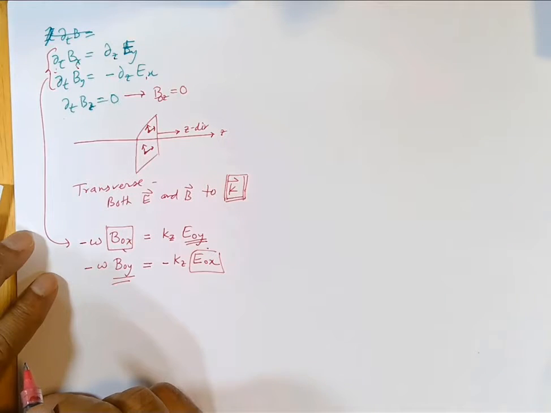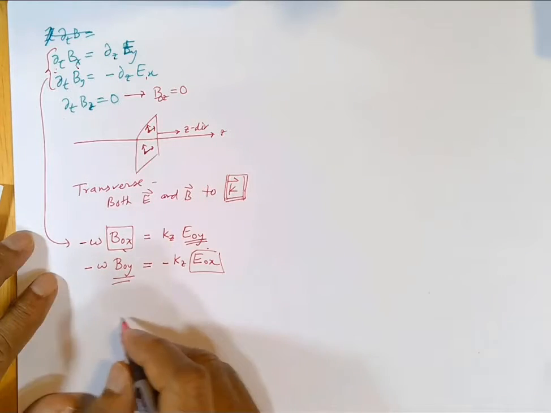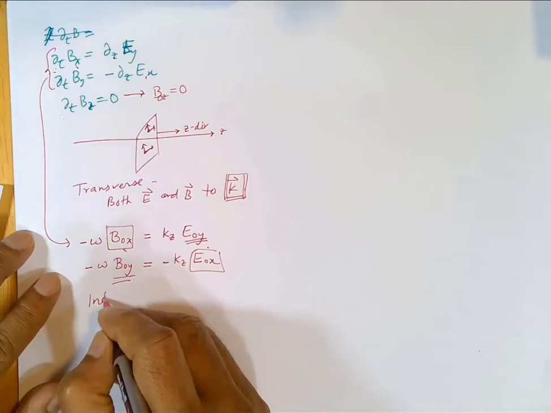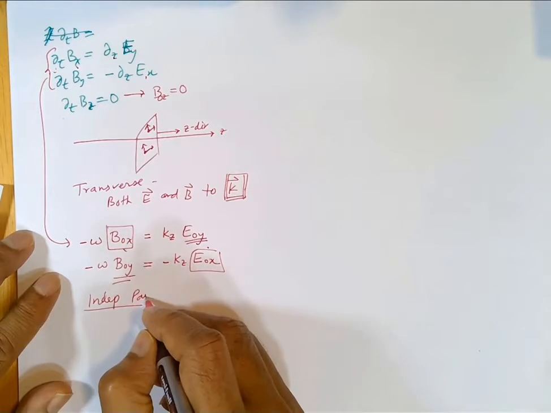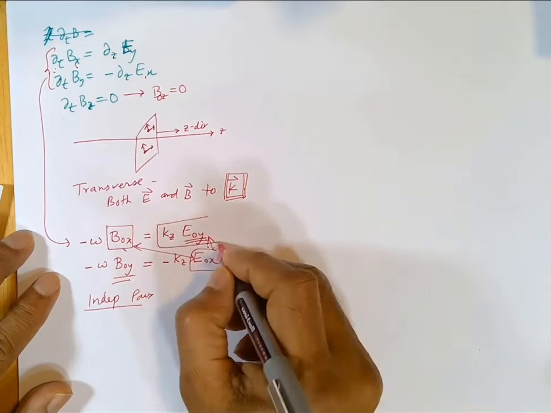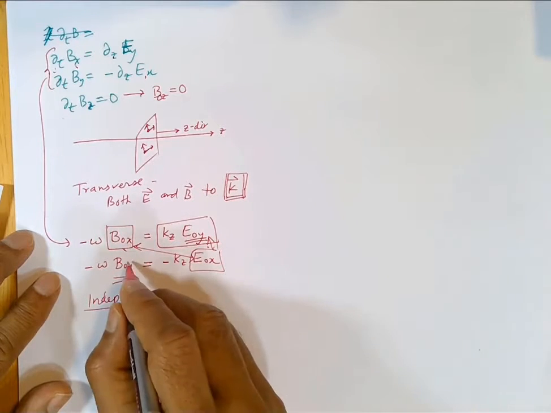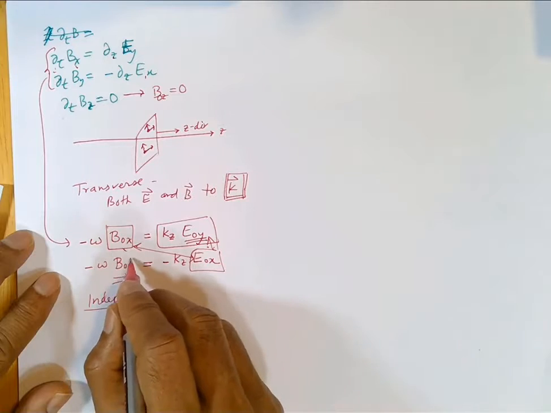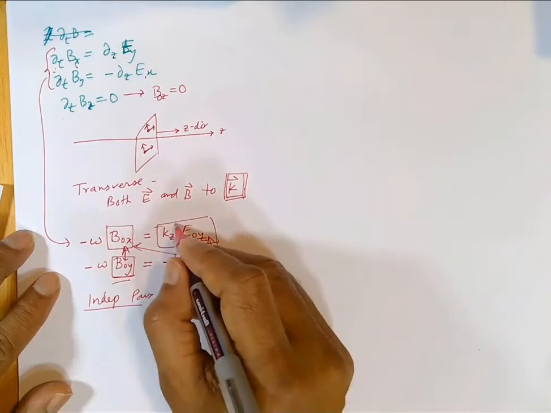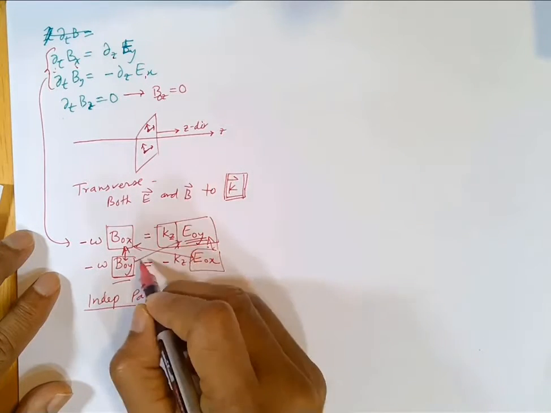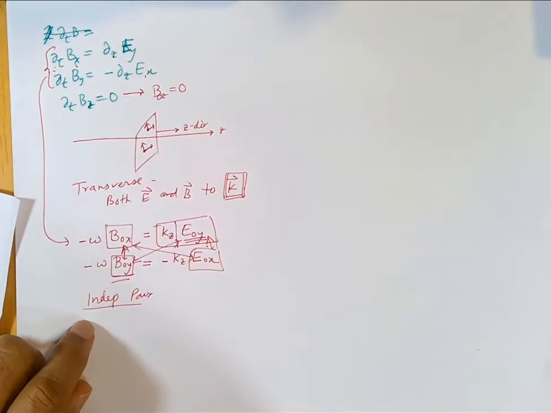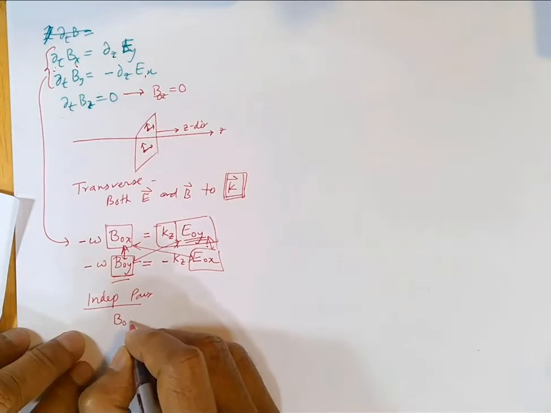So independent components here are, independent pairs, I have a choice. I can choose these as a pair, or these as a pair. So I can take one from here and one from here. So independent pairs are B0x, B0y.